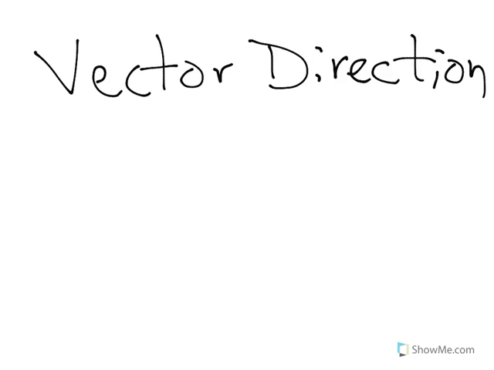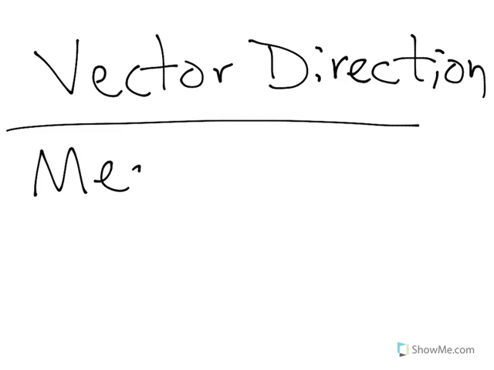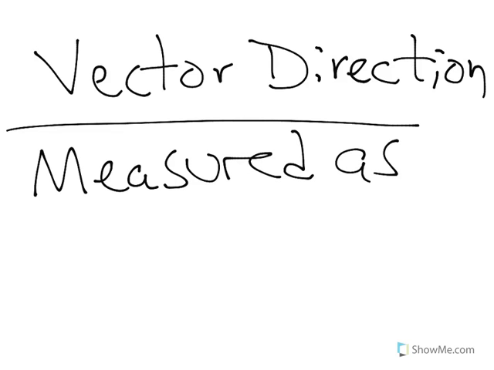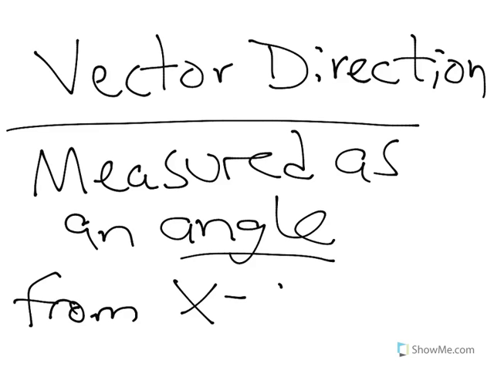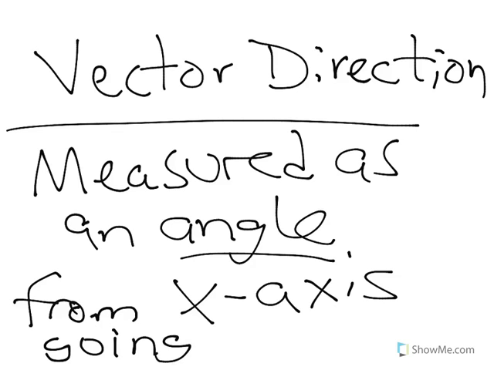Okay, so vector direction. First of all, vector direction is measured as an angle. Now, not just any angle, but an angle measured from the x-axis going counterclockwise.